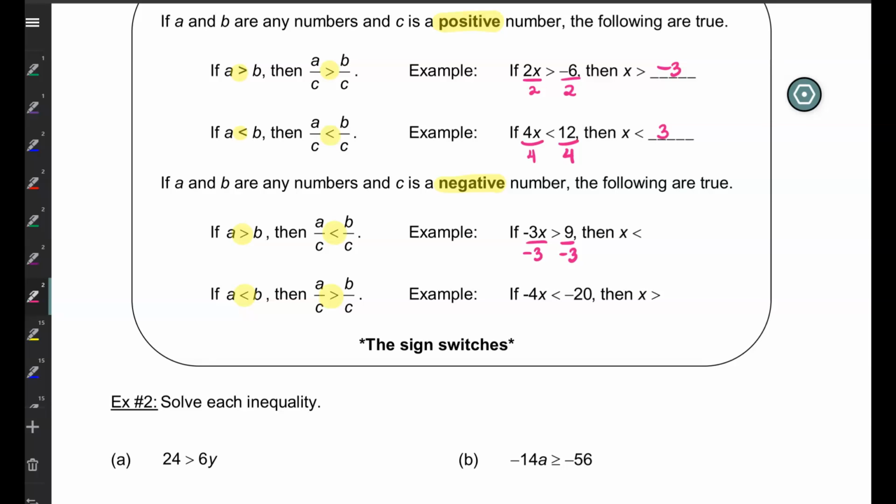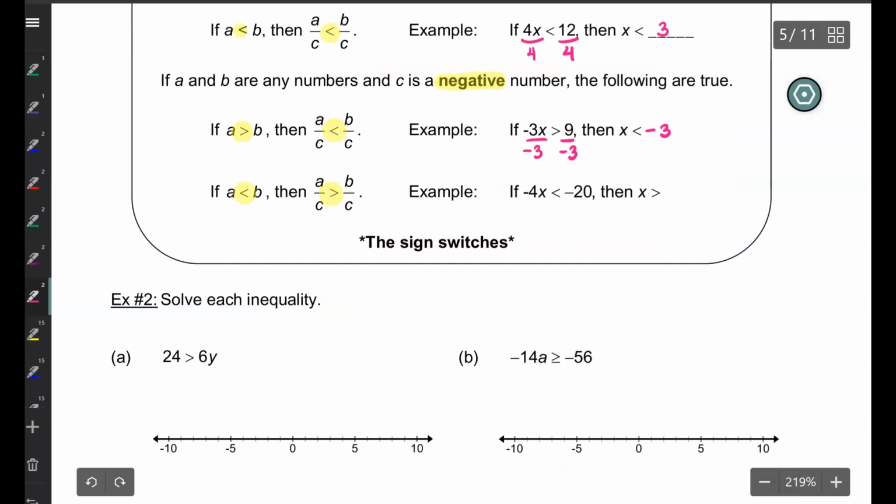So this is going to become x less than -3. And here in this one, if I divide both sides by -4, I get x is greater than +5. So again, the sign switches when dividing by a negative.